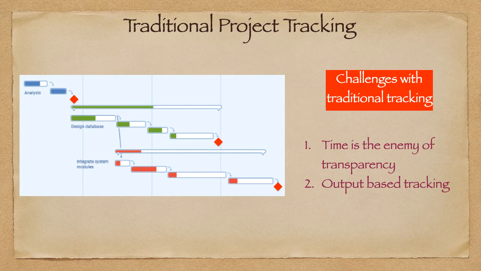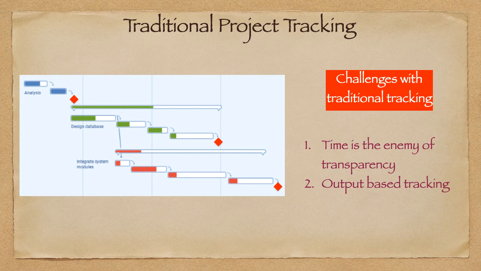So if you keenly observe the way we are following in the traditional approach, until the testing or UAT, all your project status reports will be green color because there is no quantifiable work coming out. So that's why all your reports will be showing fine as status update. But once the testing or UAT starts, probably the problem will start, everything will become red. That is what is called time is the enemy of transparency.